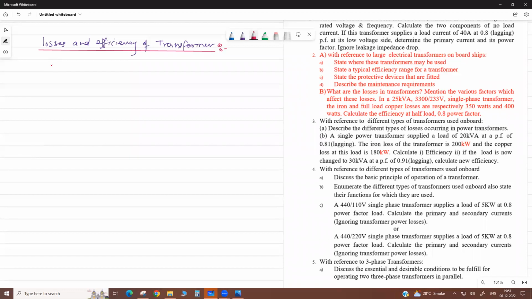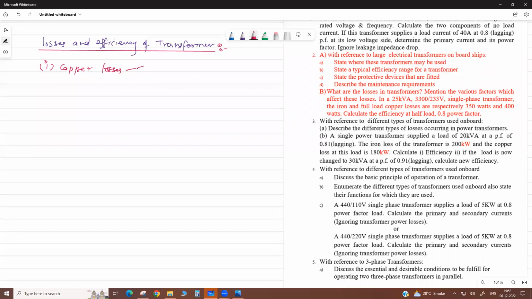Major losses in a transformer are, first, we categorize the copper loss, which is also called the variable loss, total copper loss.